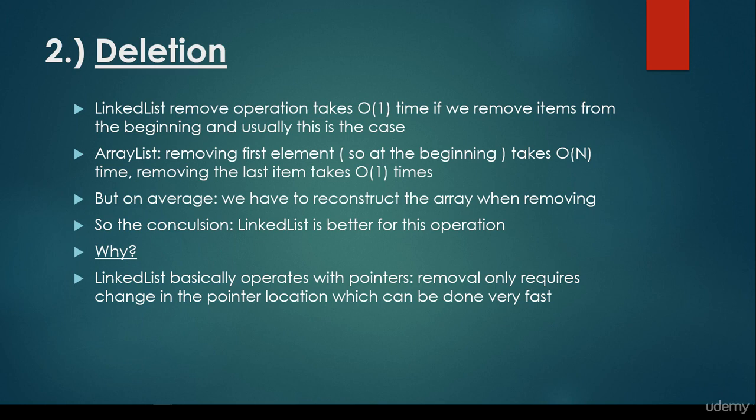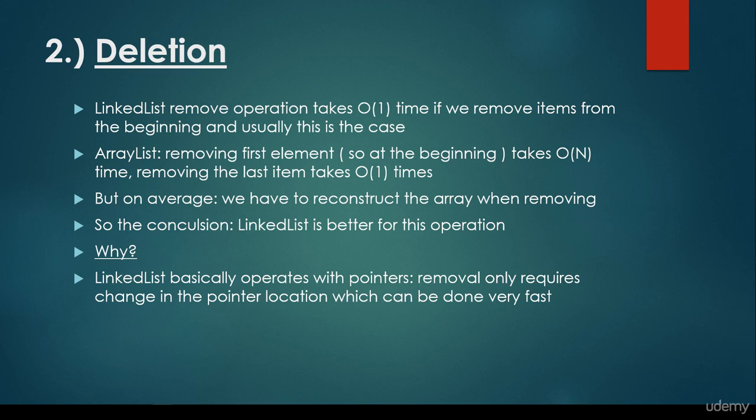On the other hand, for array lists, removing the first item, so if we want to remove items from the beginning, is going to take O(n), so linear time. And removing the last item takes O(1), so constant time.